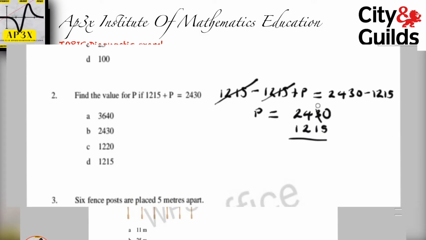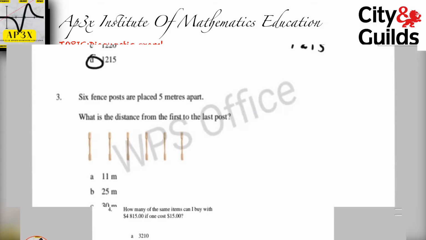We can borrow from the 3, leave 2, carry the 1. 5 from 10 is 5. 1 from 2 is 1. 2 from 4 is 2. And 1 from 2 is 1. So that's 1215. All right, so that is our answer here, D. All right, so that's one way of doing the question.